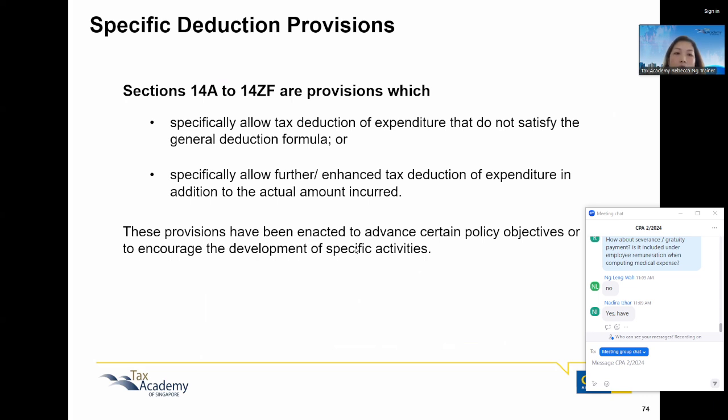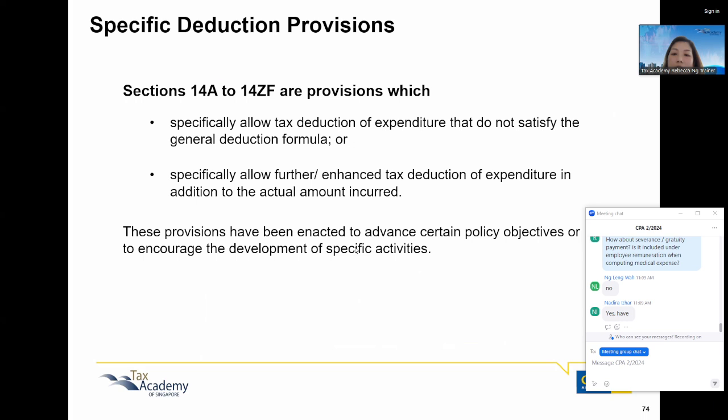Then we have the section 14A, capital A to section 14, capital ZF. These are deductions of expenditure that generally do not satisfy the general deduction formula, or these are the provisions that provide for further deduction of the expenses, even though they have been allowed under section 14.1. Okay.